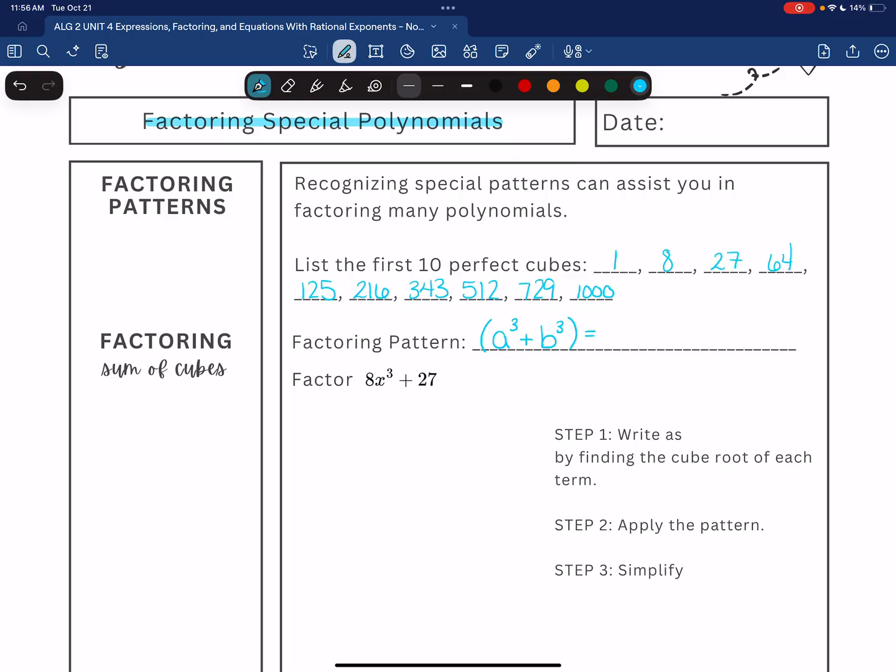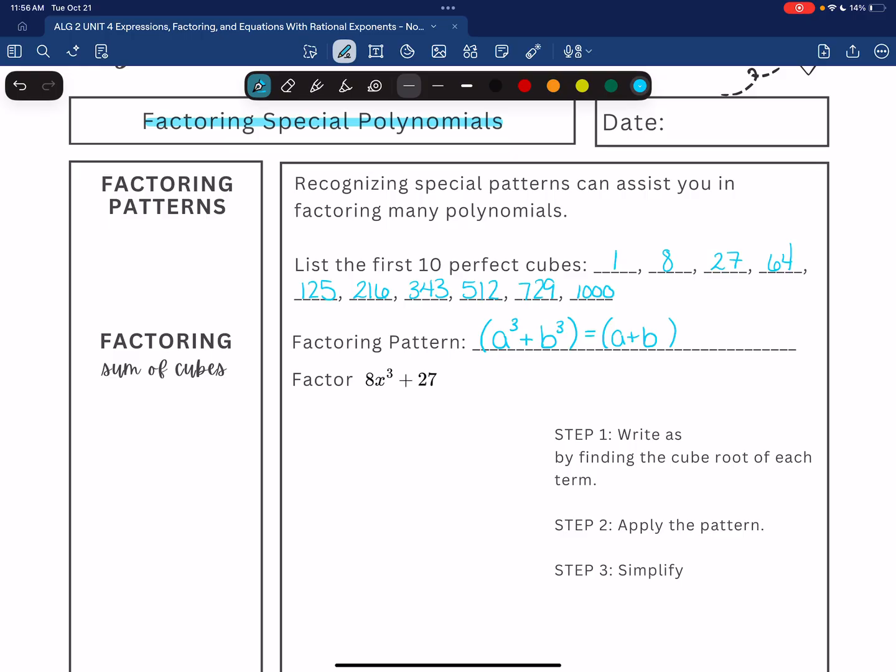You're going to have two polynomials. The first is going to be a binomial, and it's going to be your A and add to it your B. And that A and B are going to be the cube roots of your A cubed and your B cubed from the original binomial.